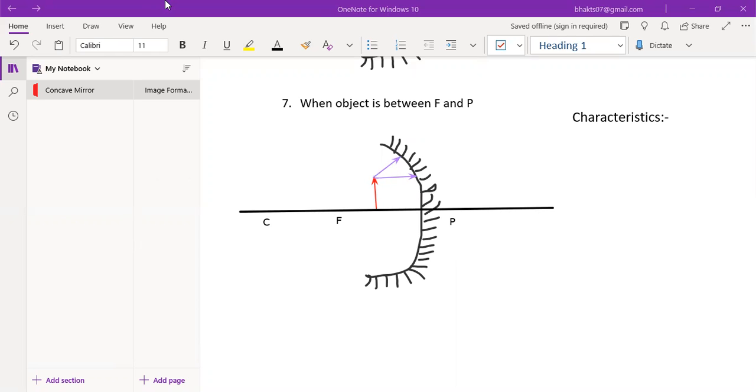Now let's see what happens at the time of their reflection. Now this down one ray, it gets reflected back and the above ray which is remaining, it retraces its path backwards.